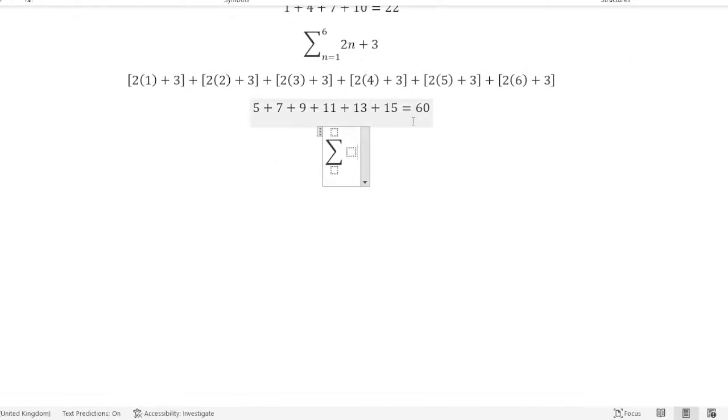Here we'll have 5 on top, 2n plus 3, and n is equal to 3 at the bottom. So evaluate this sigma notation. I'm giving you 2 minutes.